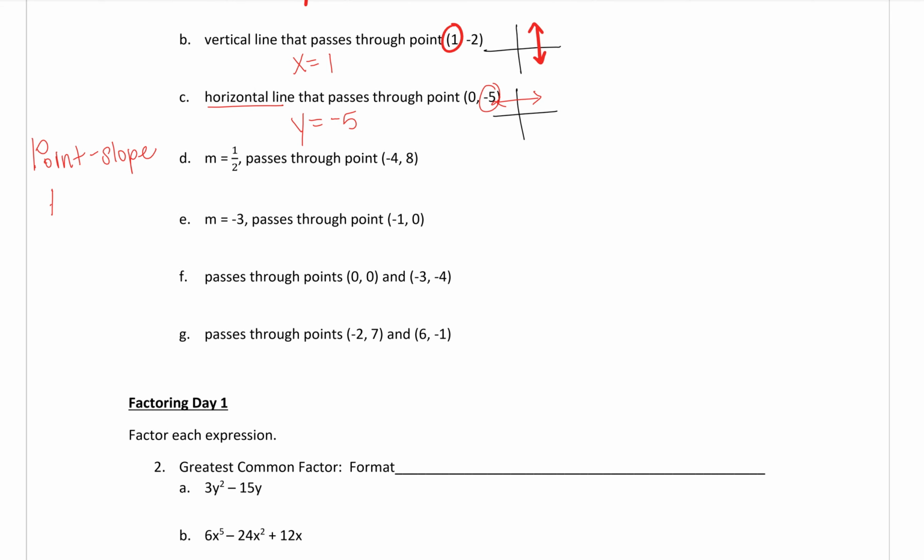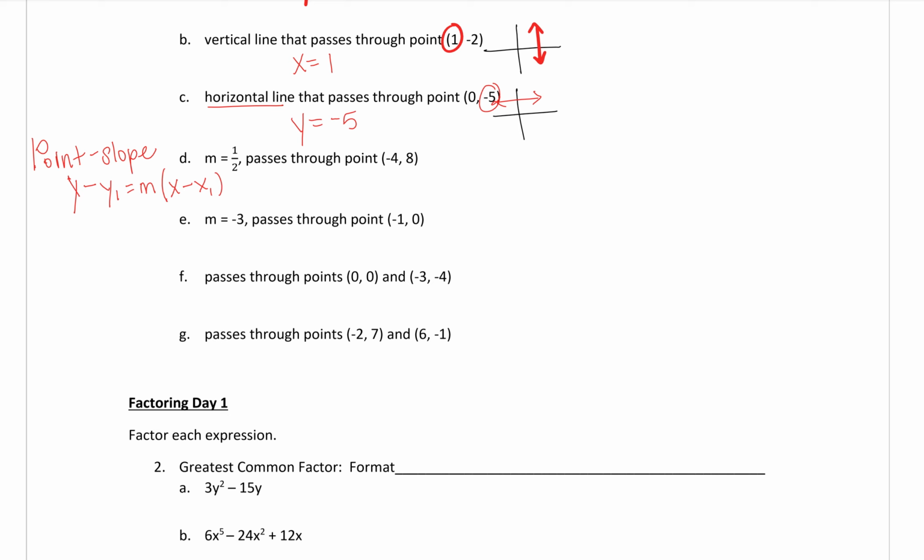We have y minus y1 is equal to m times (x minus x1). Remember, the only time that we're plugging in our values are for the y1, the m, and the x1.